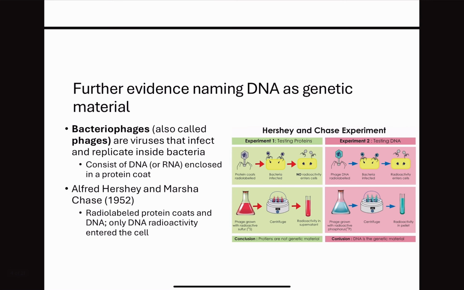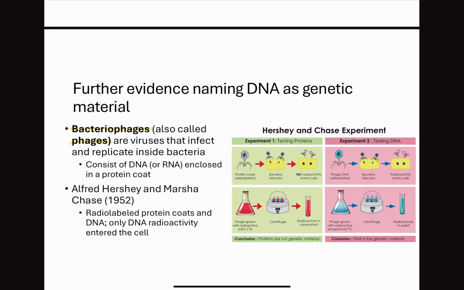We ended up getting further evidence that DNA was a genetic material, and this came from studies that tracked the infection of bacteria by viruses, which are called bacteriophages, or phages for short. Viruses consist mostly of DNA enclosed in a protective coat of protein.